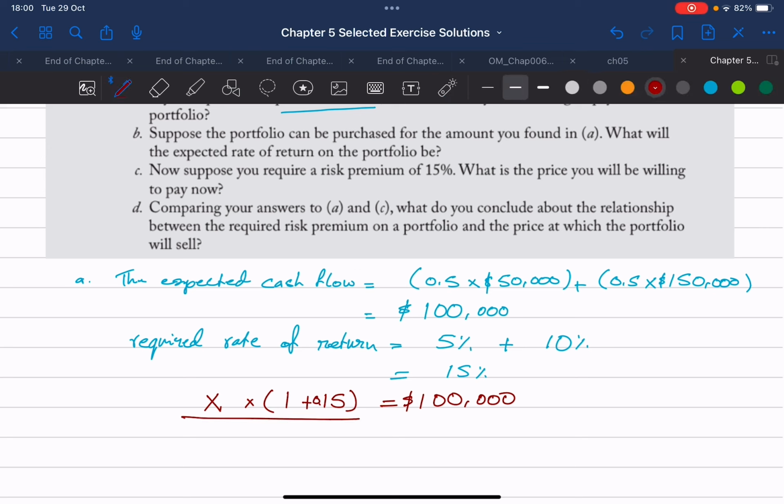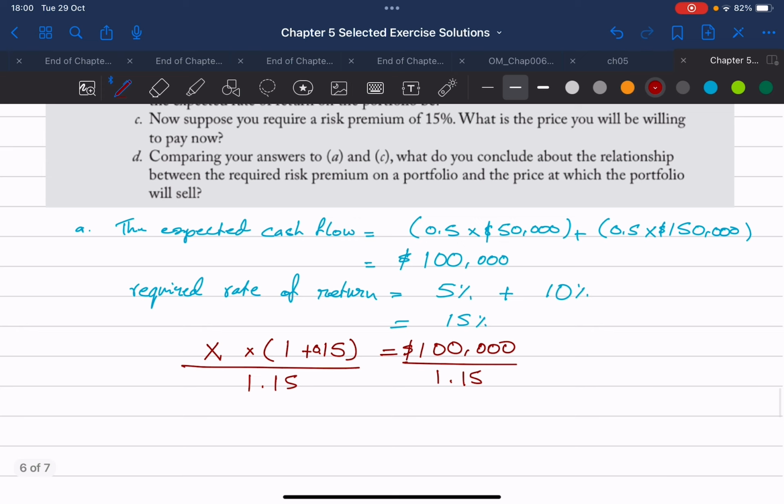So I'm going to divide both sides by 1.15, and it should give me the value of x. So x equals 100,000 divided by 1.15. And that will be 86,956 and 52 cents. Okay.